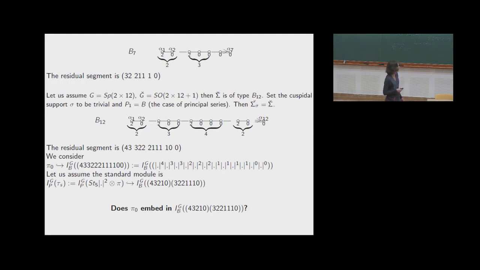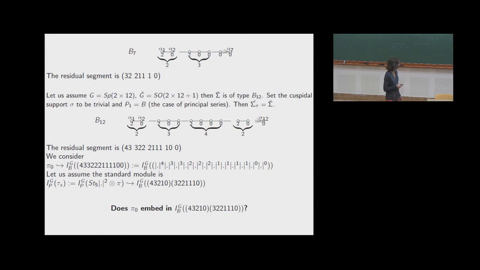So I choose another weighted Dynkin diagram, which is this one, and which has this residual segment. So you can compute again by what I explained earlier. You can compute with the weights this residual segment here, and by the result of Heiermann-Opdam, you can embed this generic discrete series in this induced representation. So this notation just means you have this sequence of characters, this is tensored everywhere, right? And let me choose a standard module, which has this cuspidal support.